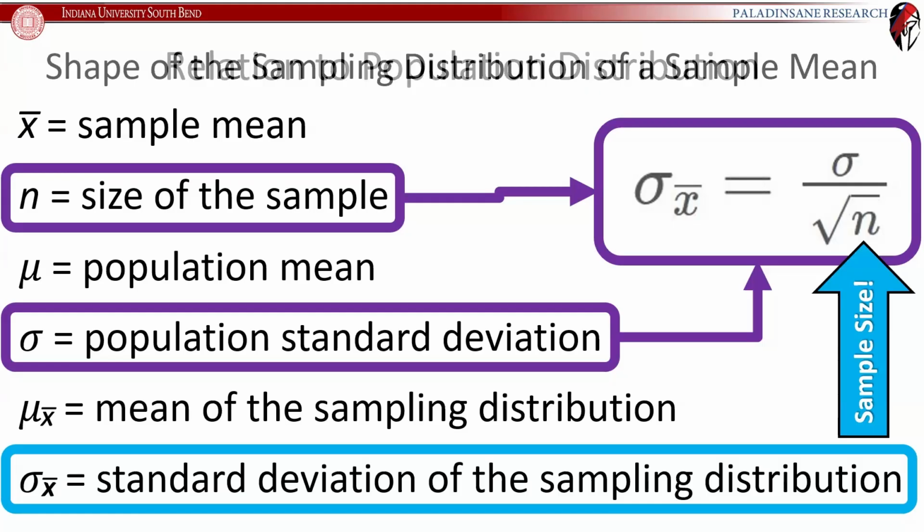All right. So the last thing that we're going to dive in deep today is the actual shape of the sampling distribution of a sample mean. And for this, we're going to introduce a very, very important concept, which is known as the Central Limit Theorem.